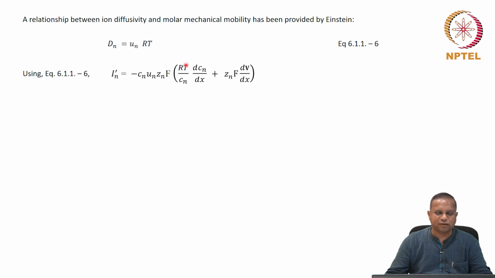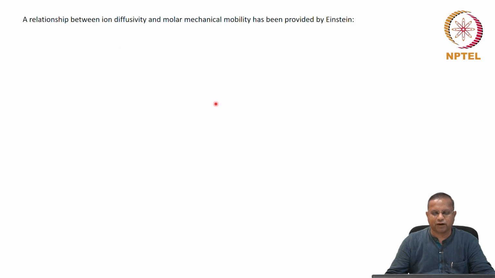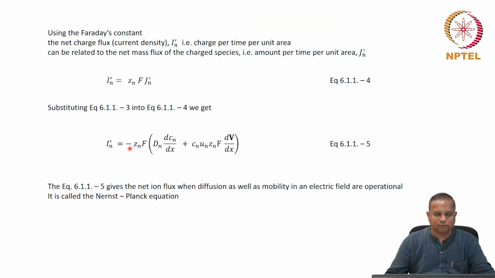So RT by Cn comes in here in the place of dn. And of course, you have a Zn f dV/dx coming in because I pulled extra terms out. So you can verify this. Let me go back to this equation to show you. You have minus Zn f dn dCn/dx plus Cn un Zn f dV/dx.